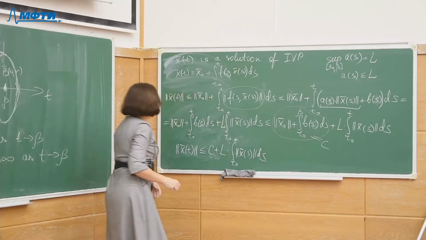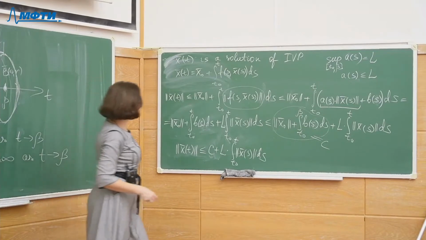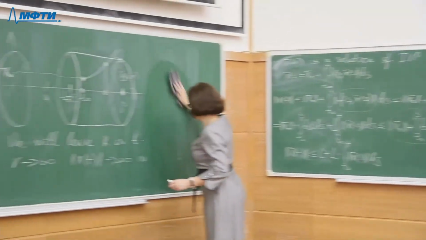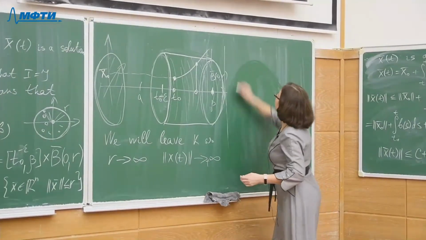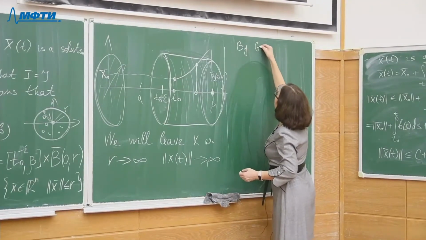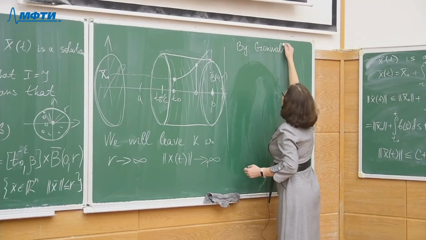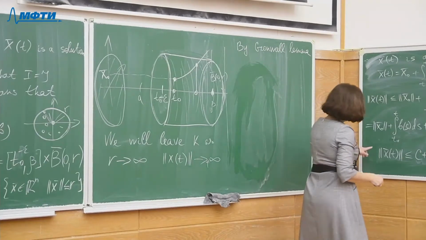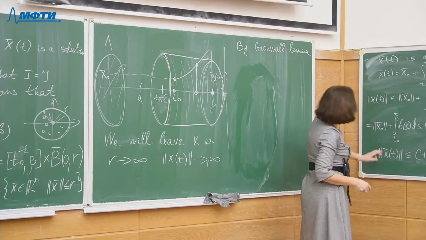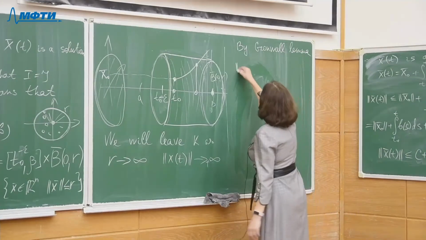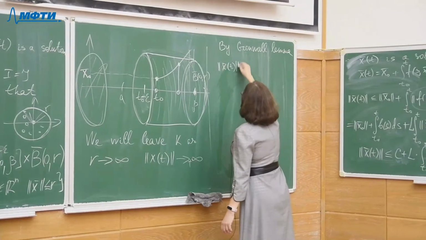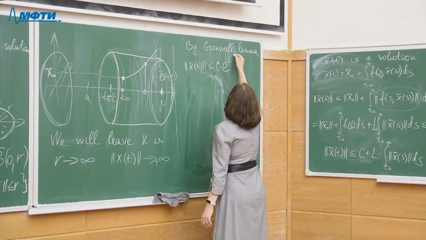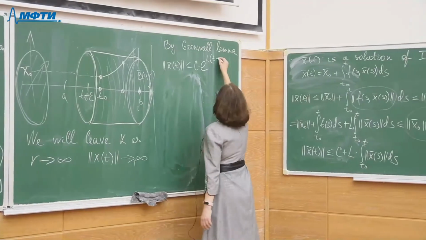ds. Okay, and now we can apply the Gronwall's lemma. So by Gronwall's lemma, if this inequality is satisfied, then the norm of x of t is less than or equal to c times e to the power L times t minus t0.